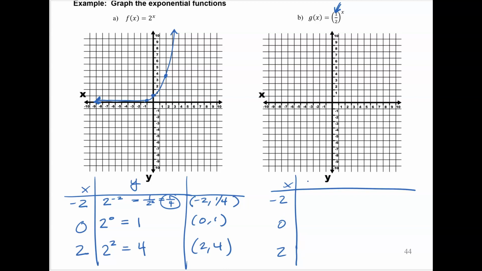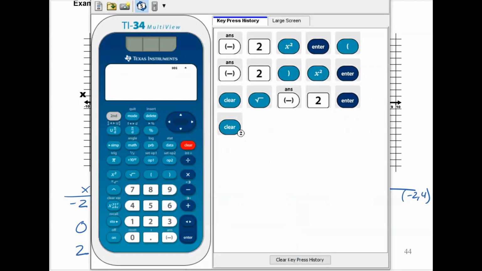For this one, I've got 1/2 to the -2 power, and you could certainly use a calculator if you need to. That's going to be 4. That gives you the point -2, 4. And let me show you real quick on the TI-30 how to put that in the calculator.